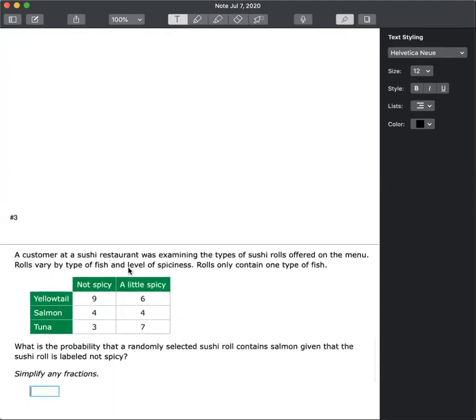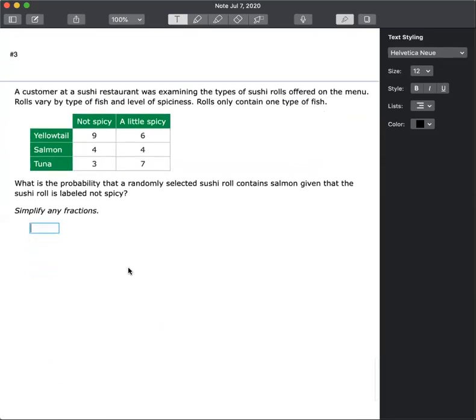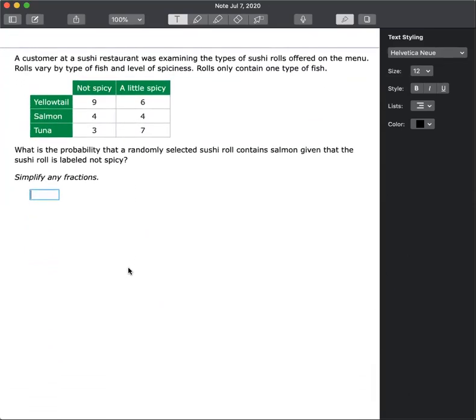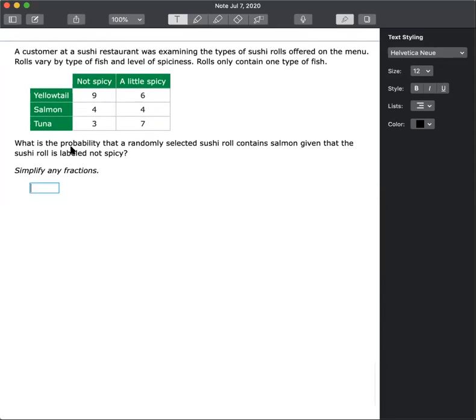All right, we're going to do one more. Okay, sushi restaurant. So I'm just going to skip this first part. You can read that if you'd like. Probability that a randomly selected sushi roll contains salmon. Okay, we got our salmon row right here. Given the sushi roll is labeled not spicy. So salmon not spicy, that would just be 4.